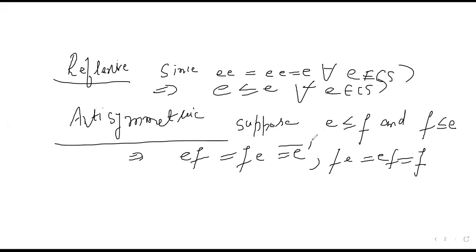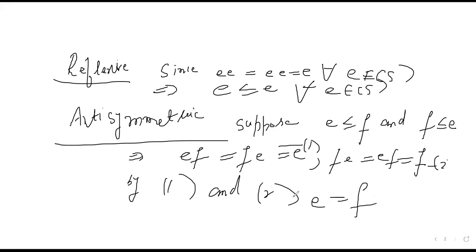Say this equation is 1 and this is 2. So by 1 and 2, e is same as f. Therefore this relation is also antisymmetric.